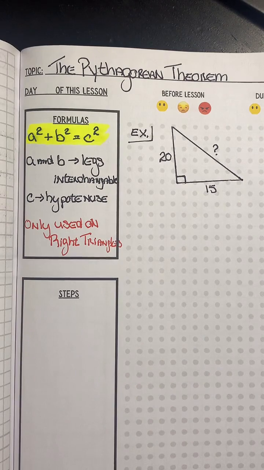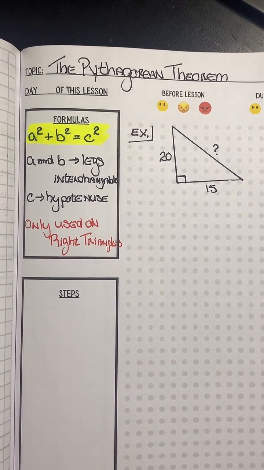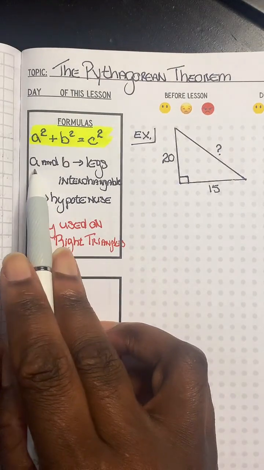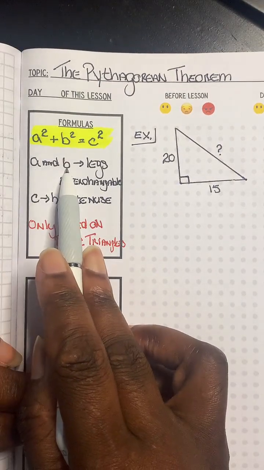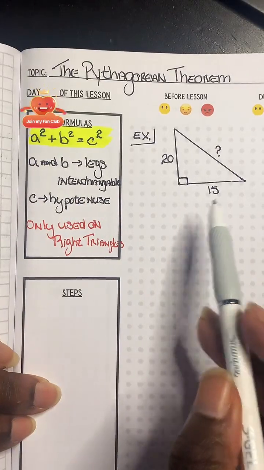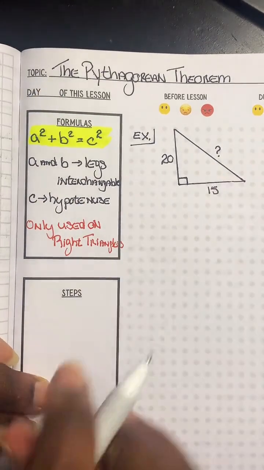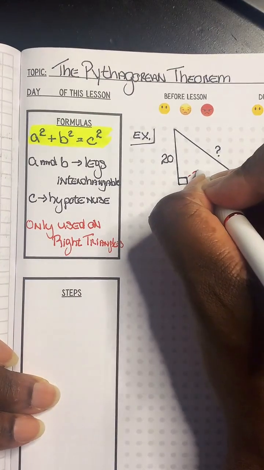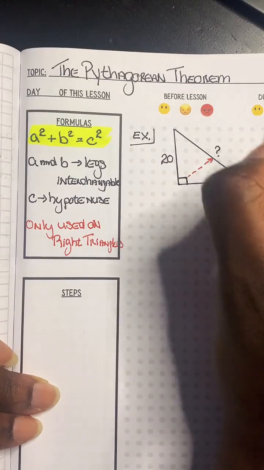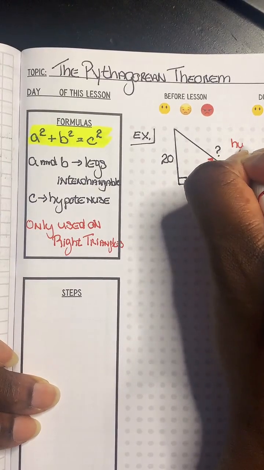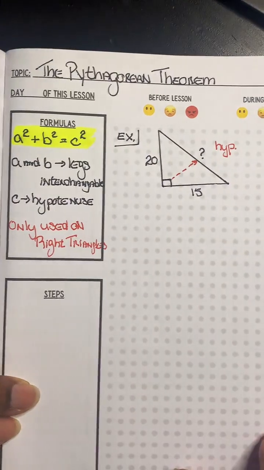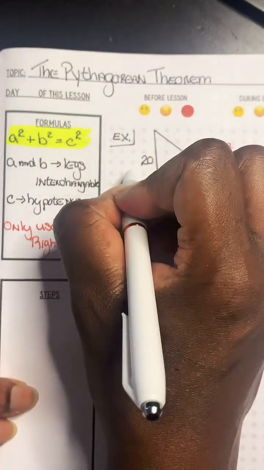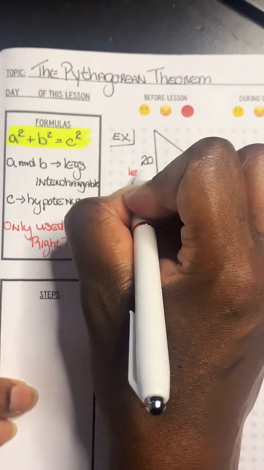All right, so now let's go with our Pythagorean Theorem. As I mentioned here, the A and the B are called your legs. Here's one way to recognize it: the side that is directly across from your 90-degree angle is your hypotenuse. We're going to say height for short. The other two sides are called your legs.